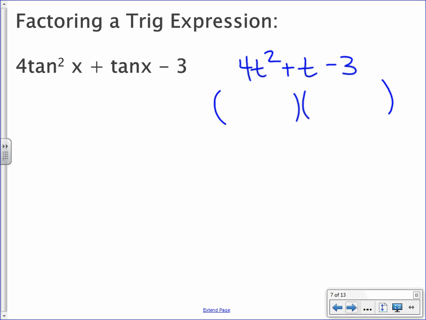What do you have? t plus 2 and 2t minus 3. t plus 2 and 4t minus 3? No, 2t minus 3. Okay, I think something happened because this multiplies to a negative 6 and we want it to multiply to negative 3. Right? Okay.